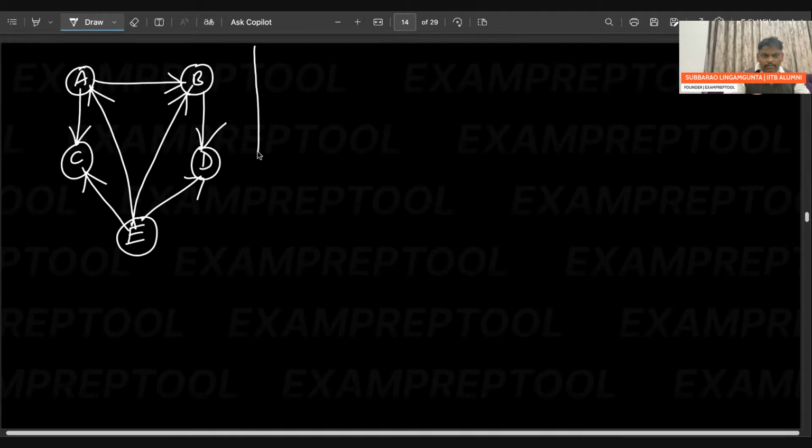Let me give a name, whatever name you want you can keep. Assume that it is graph G6. A graph may be directed, a graph may be undirected. If no direction, undirected. Directions are there, so directed graph.